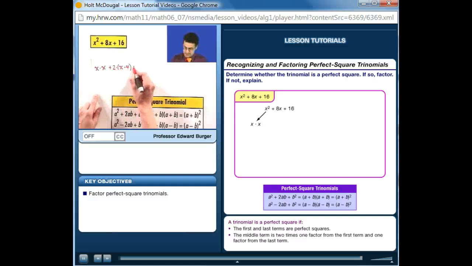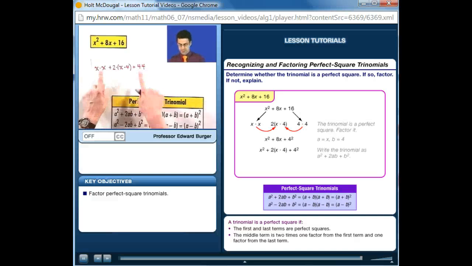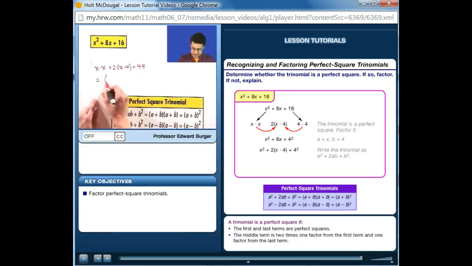And I can write the 16 as 4 times 4. And so you can see the perfect square, and 2 times the product of the numbers themselves.